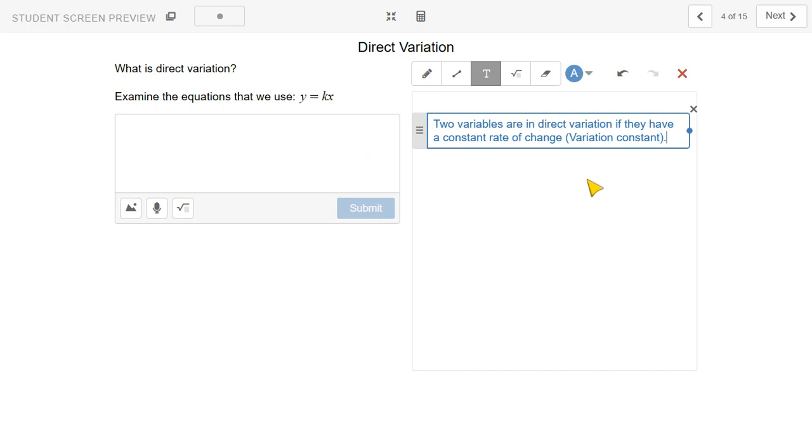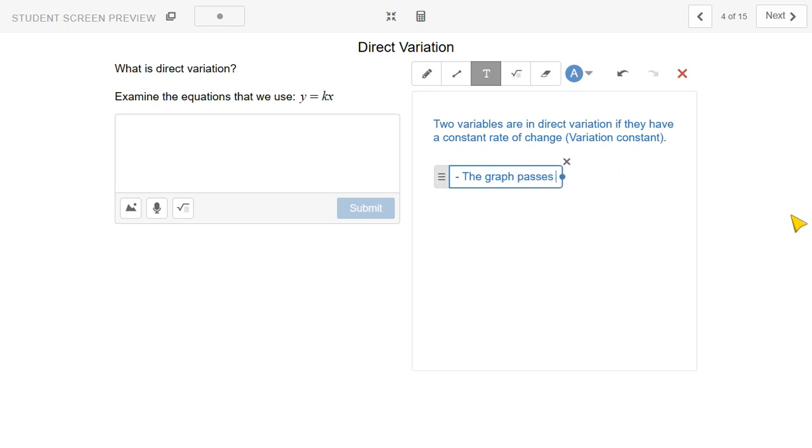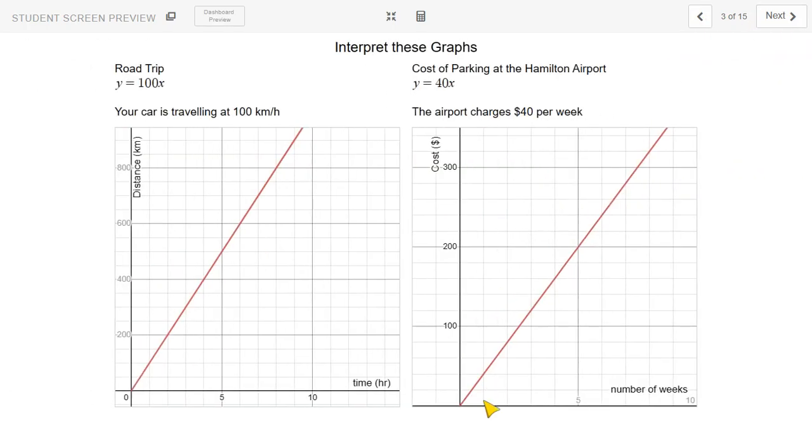And when we have something that is increasing at a constant rate and it's a direct variation, the other thing that happens is the graph passes through 0, 0. Because as all of the examples showed, if I had 0 weeks of parking, I am paying $0.